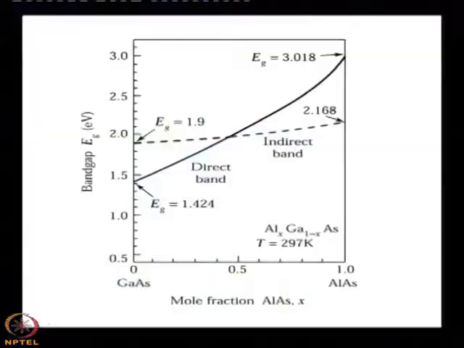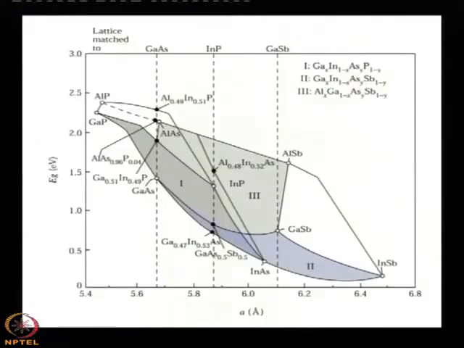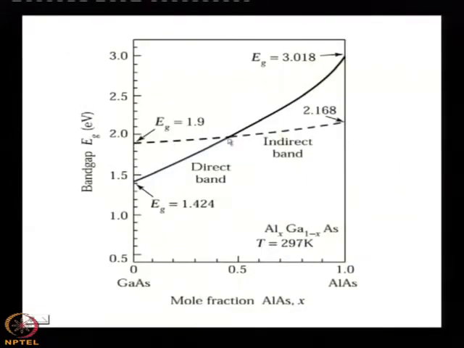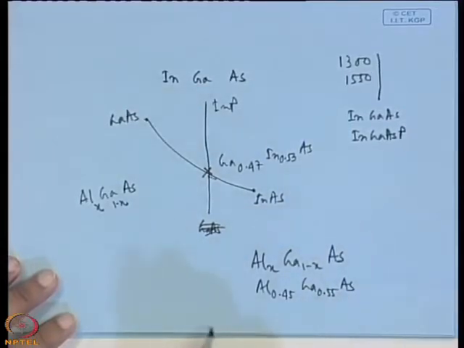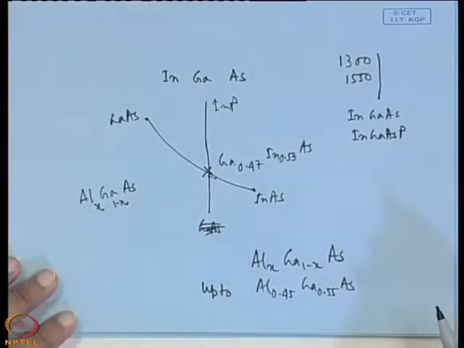So, this diagram will give you that you can grow theoretically, but it sets you the limit that after 0.45 of aluminum, that means aluminum up to 0.45, gallium 0.55 arsenic, up to this composition it is direct, above this composition it is indirect. So, it is useless for you.